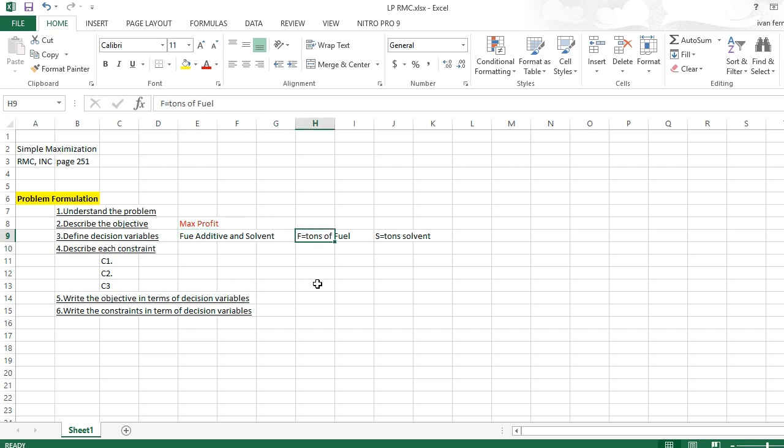We're going to call the fuel additive F, and that's going to be tons of fuel. And the solvent is going to be S for solvent, also measured in tons. The measuring is not important right now. I don't think we're going to do any problems that will require a lot of thinking about the units.